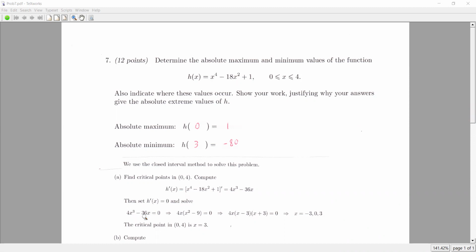The solutions of this equation are -3, 0, and 3. So the function h has 3 critical points, but only the number 3 is in this interval. So the critical point in this open interval is the number 3.